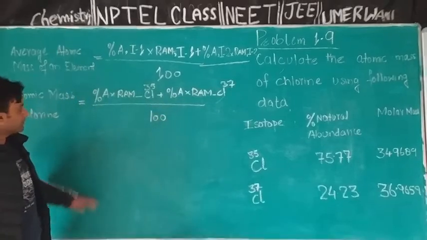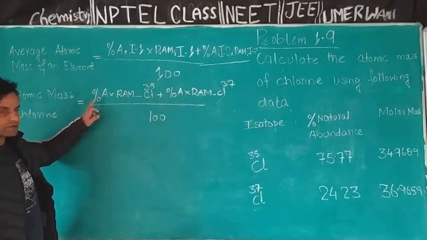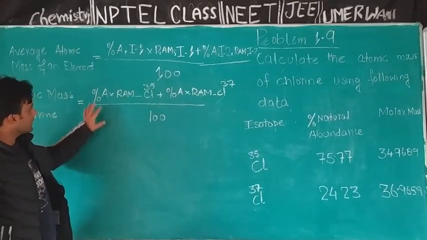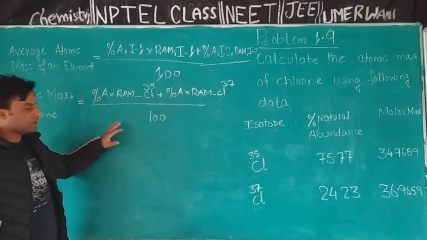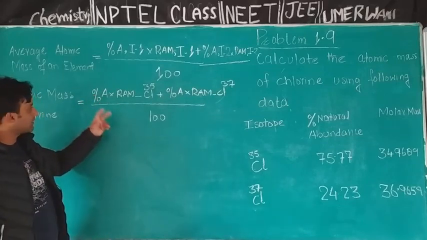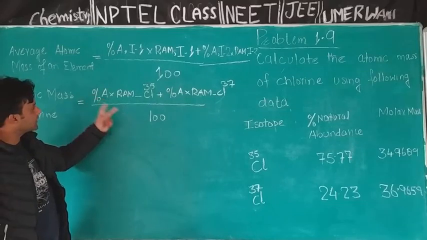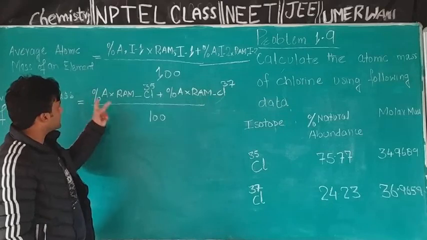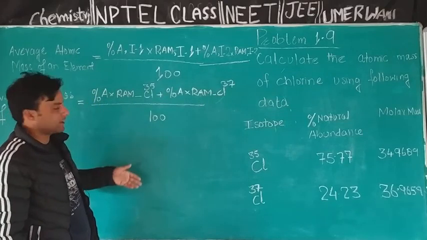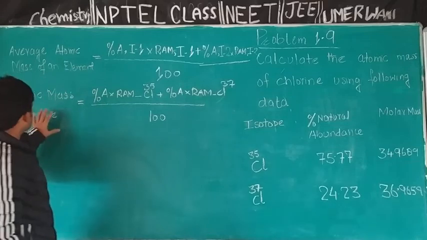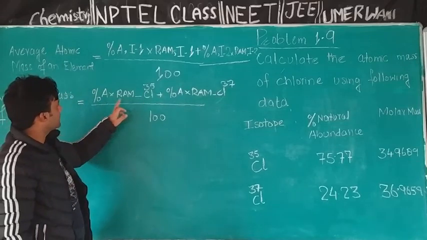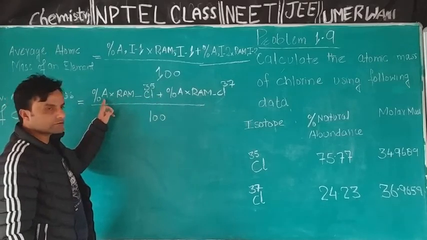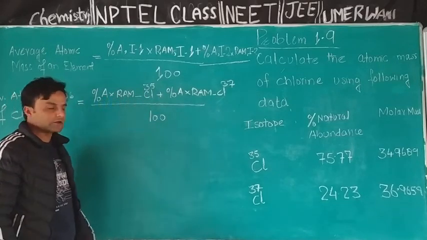Or else, you can convert the percentage abundance of each isotope into fractional abundance, simply by dividing the percentage abundance by 100. In that case, the average atomic mass of the element will be equal to the sum of the products of fractional abundance and relative atomic mass of all its isotopes.